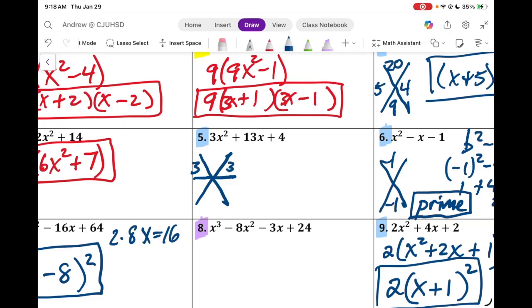Take the first number times the last number, put that on top. Take the middle number, put that on the bottom. Now ask yourself, are there any two numbers that multiply to 12 that add just 13? And the answer is yes, 1 and 12.